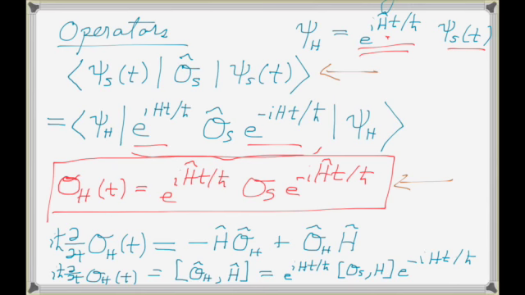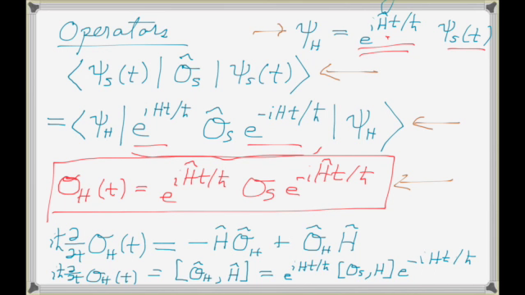So we write down an arbitrary matrix element in the Schrodinger representation, use the relationship between our Schrodinger and Heisenberg wave function, and you just put that in, and you end up with this for your matrix element in the Heisenberg representation. So the thing in the red box is the transformation of an arbitrary operator from Schrodinger to Heisenberg.